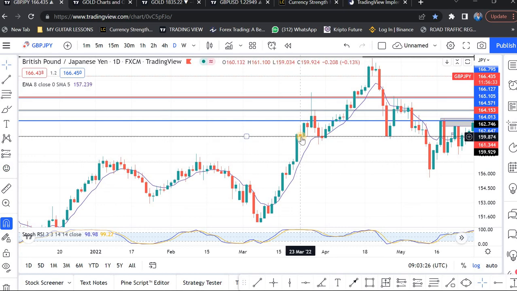So once price closes here, then it opens here for the next candlestick. I would want you to open your chart and go through it and identify the closing price, the opening price, and the body of the candlestick.